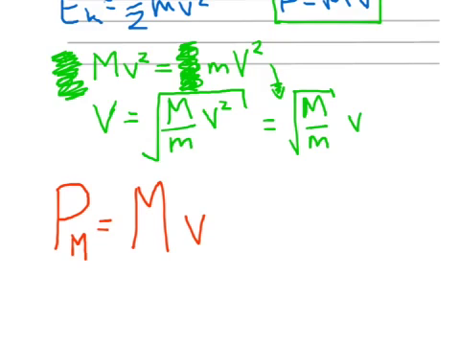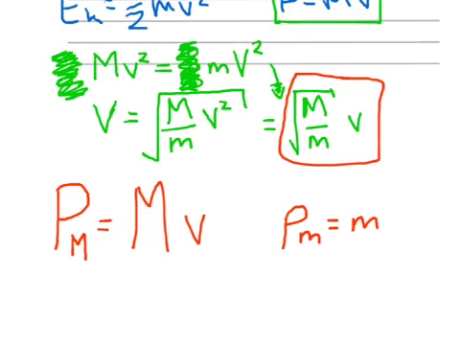And for the momentum of the smaller mass, small p, small m, it's going to be small m times big velocity. Small m times big velocity is equal to this. So we're going to put that in there instead, because that's what that whole equation is showing us. We've got small m, small v, times the square root of big M over m.